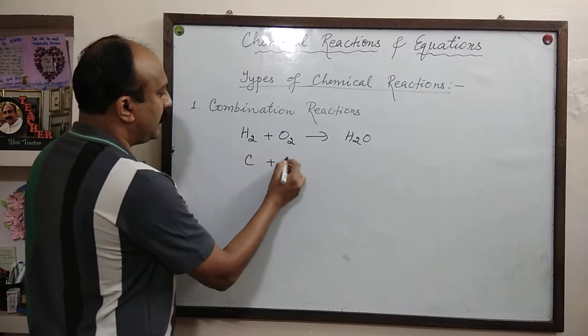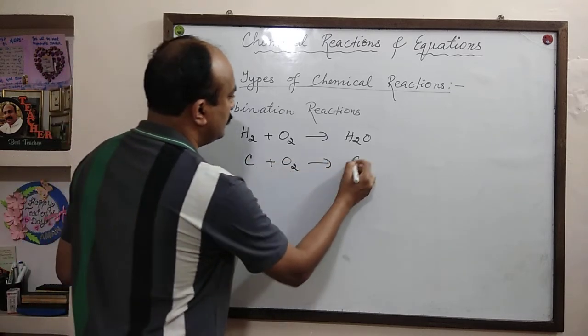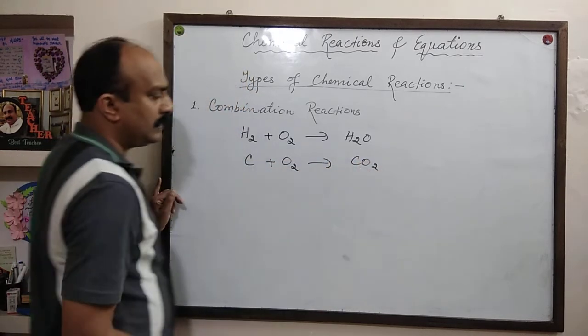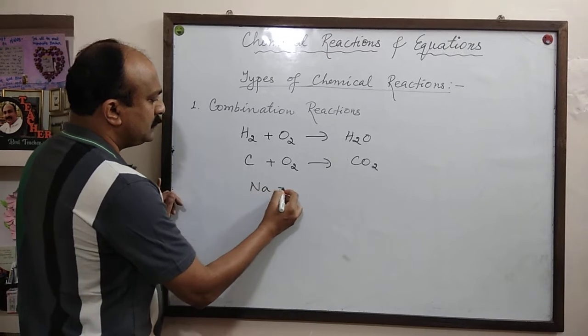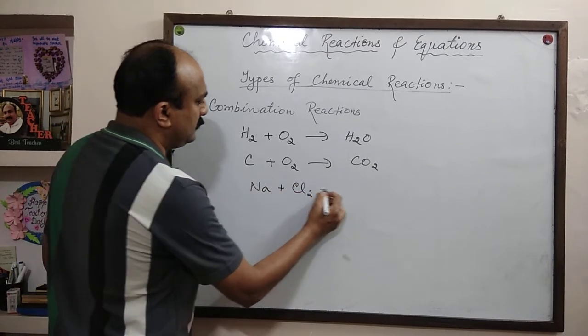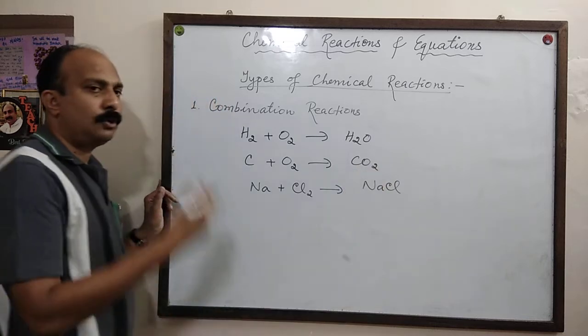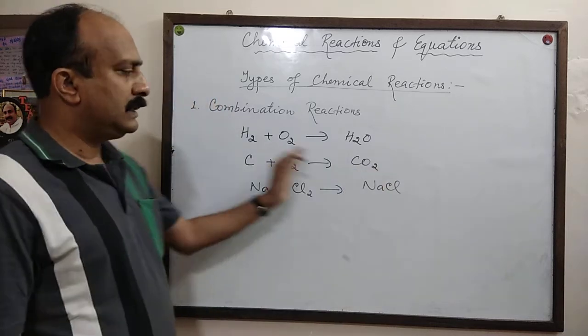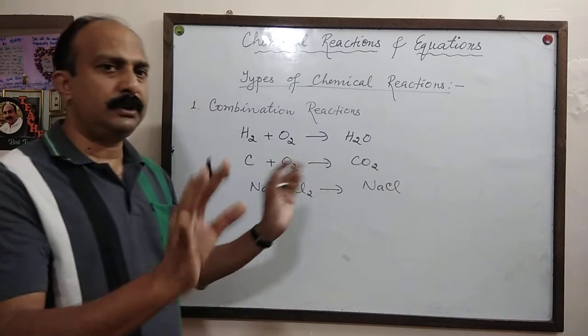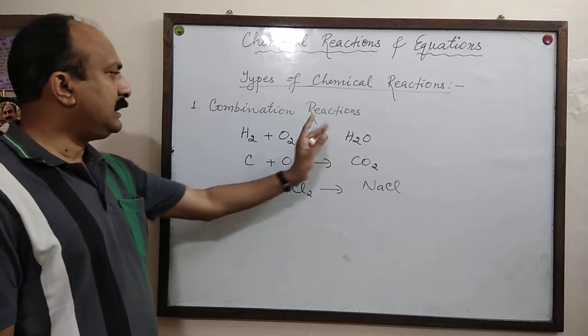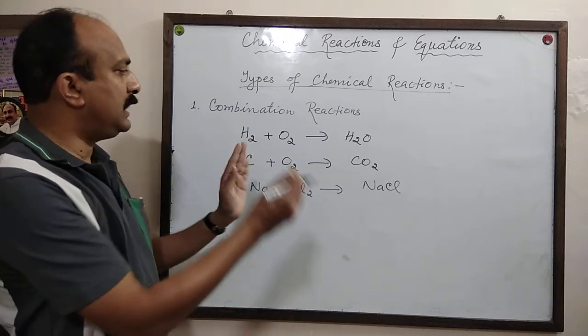Combination of carbon and oxygen gives CO2. Combination of sodium and chlorine gives sodium chloride. So many examples. Their equations are not balanced, only to make you understand. This type of reactions are called combination reaction.